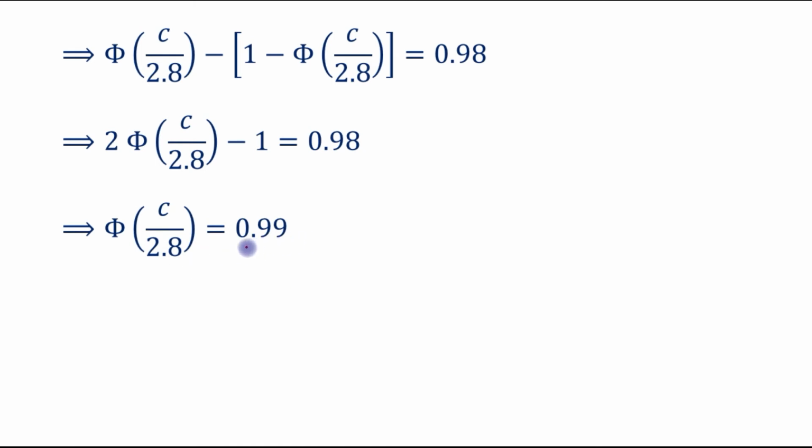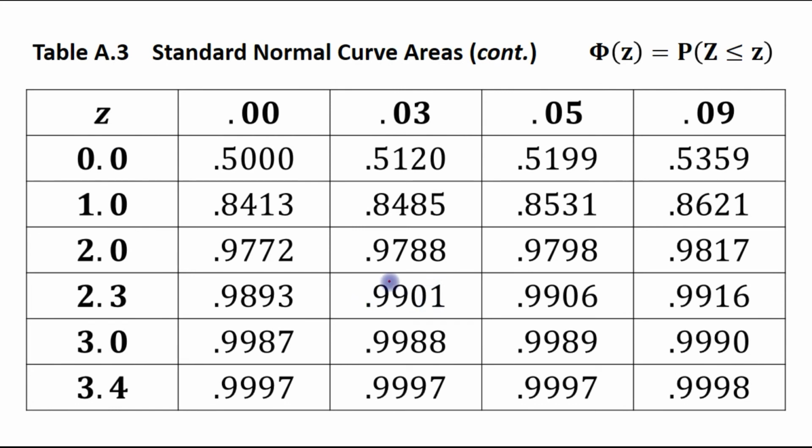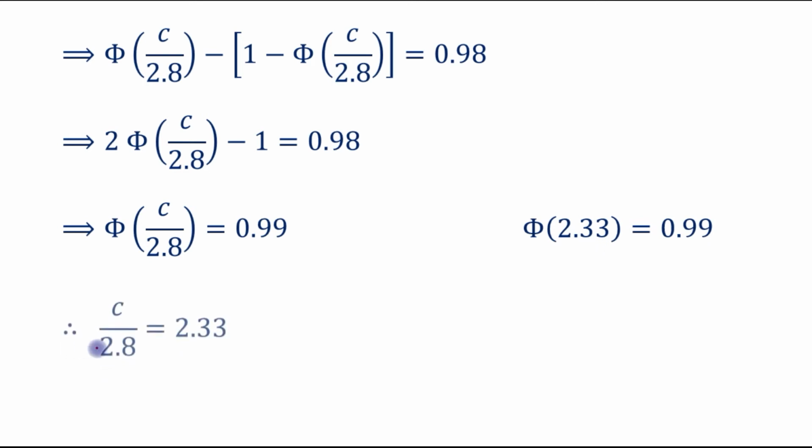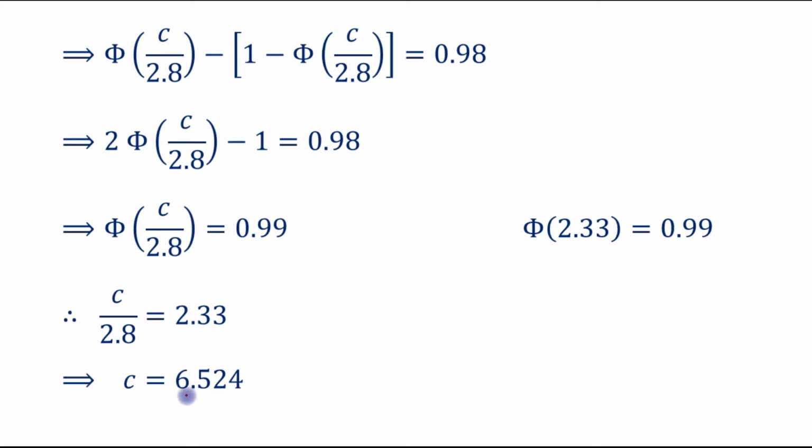And now we will look for this area in the table, 0.99. So the closest value is this one, and the value of Z will be 2.33. So basically phi(2.33) equals 0.99. And now we will compare these two values, that is c upon 2.8 equals 2.33. We can write in this form. And finally the value of c will be 6.524.